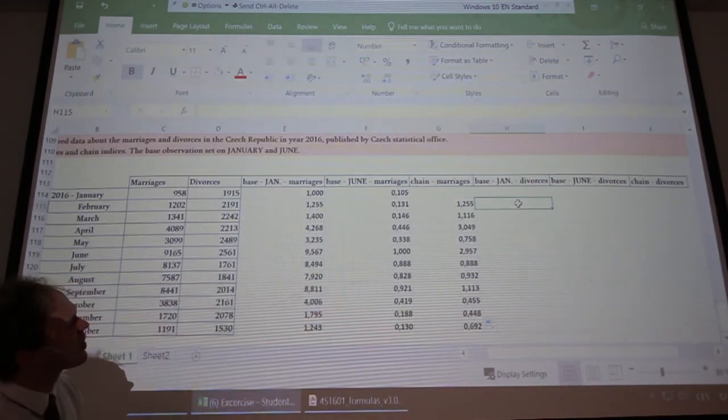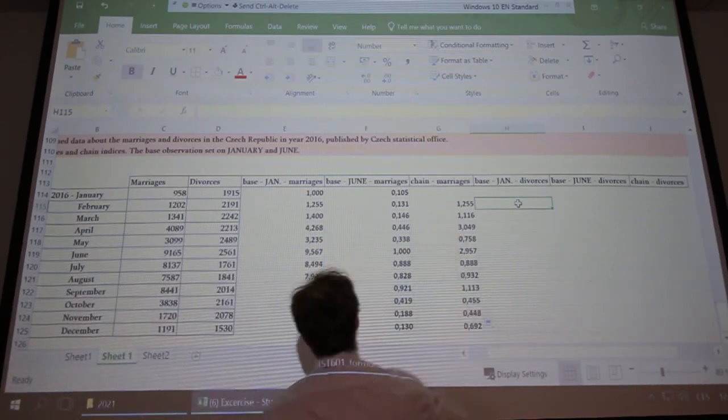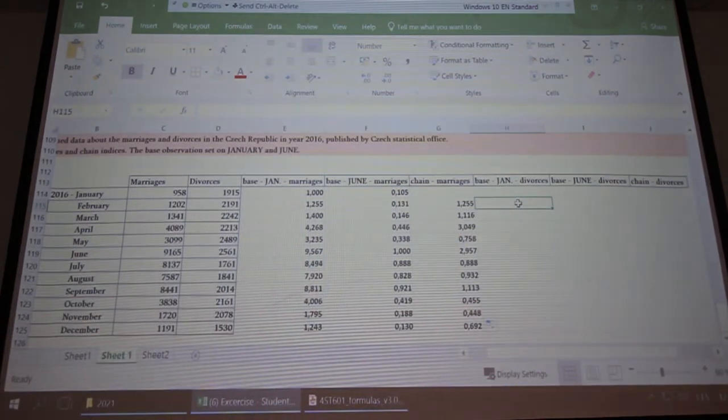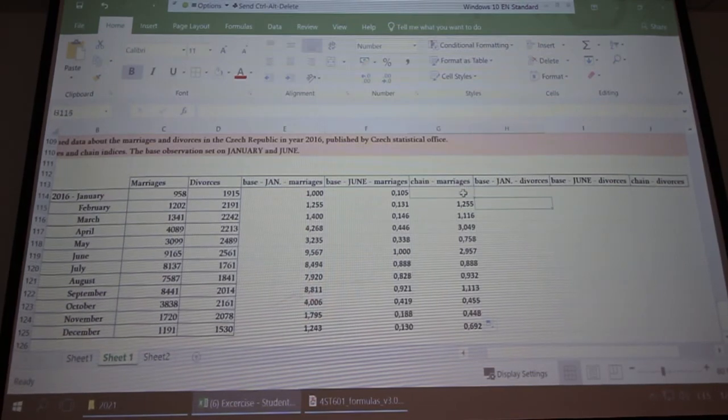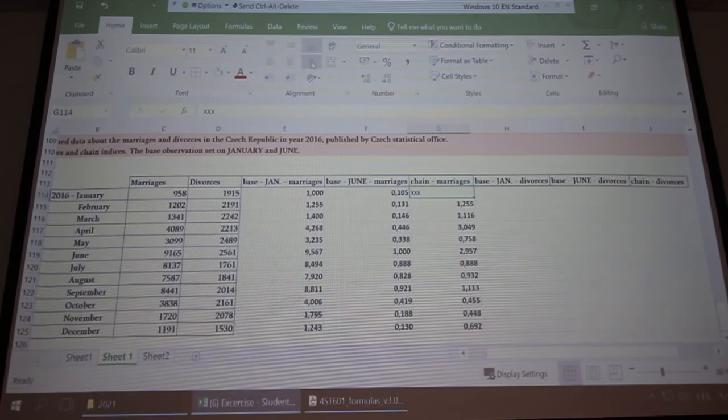So this is the chain index. And we don't have the first value. The first value is really omitted.